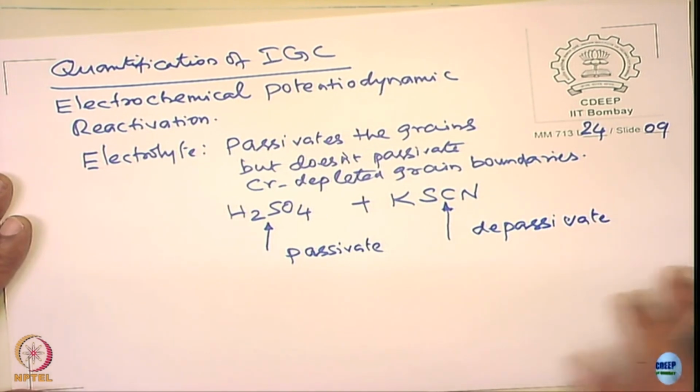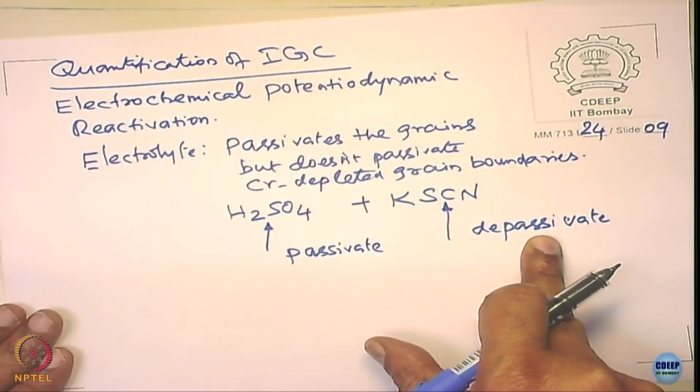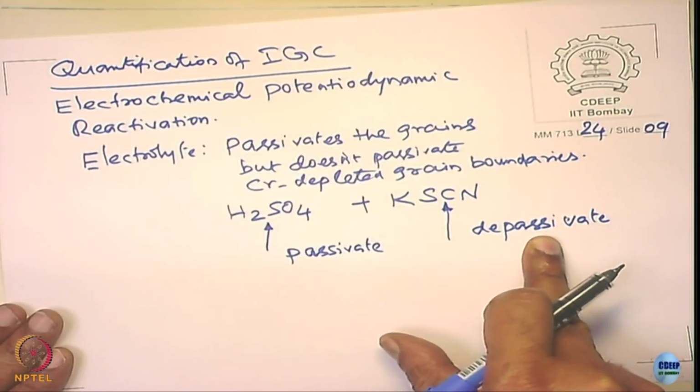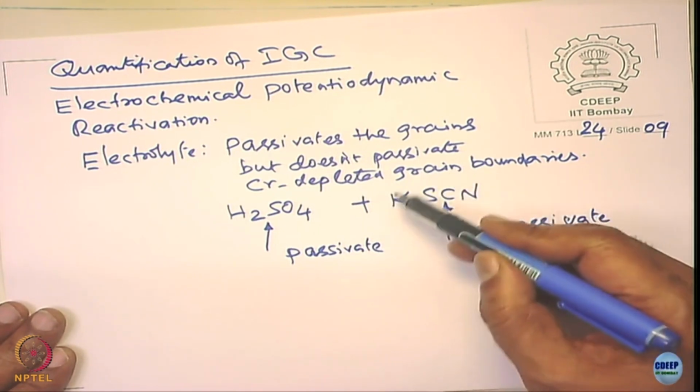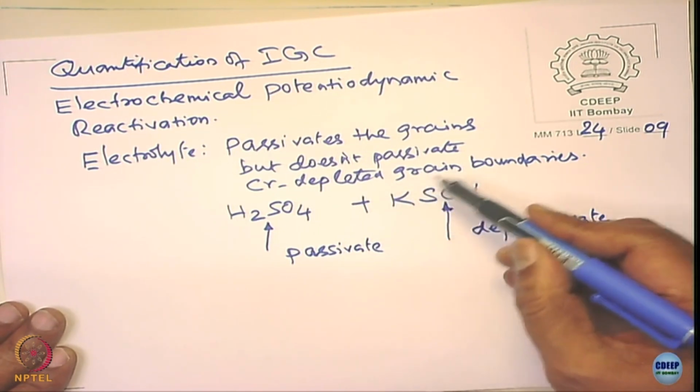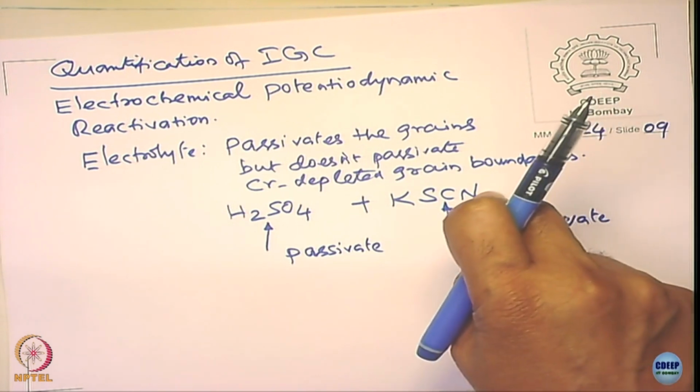Sulfur containing compounds are detrimental for passivation. We have seen it during our studies on pitting, right. So passivate and depassivate. Now this is a depassivator. If I choose a very high concentration, it will depassivate everything, grains, grain boundaries and all of them, right. So I need to optimize this concentration.